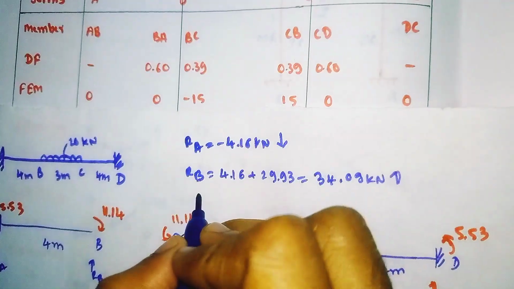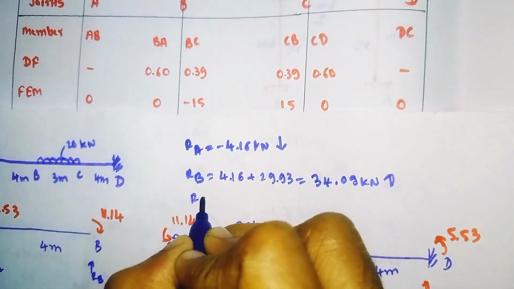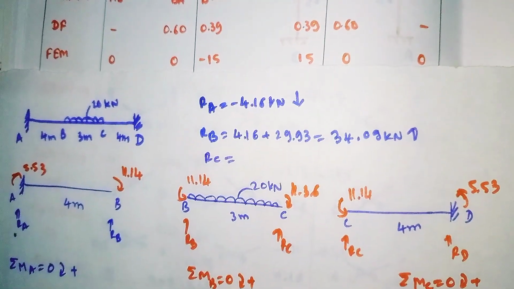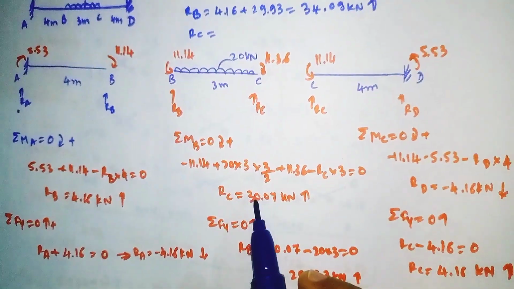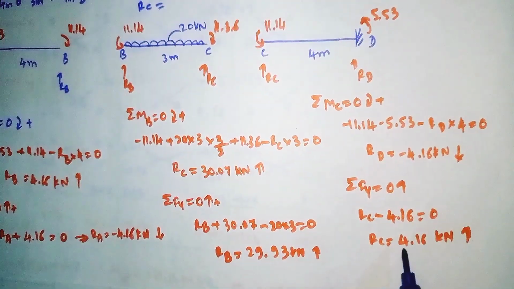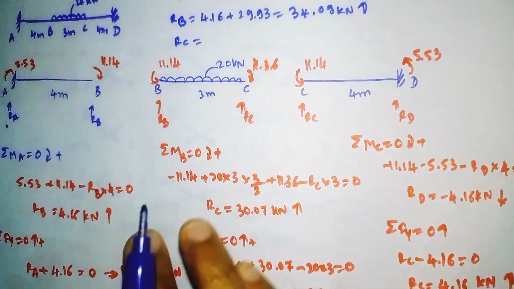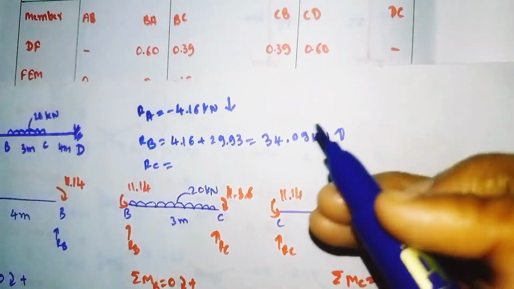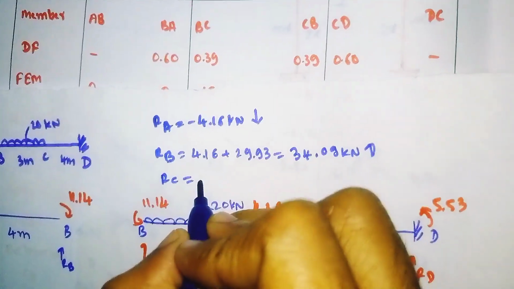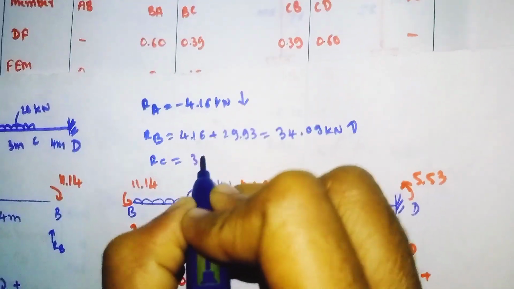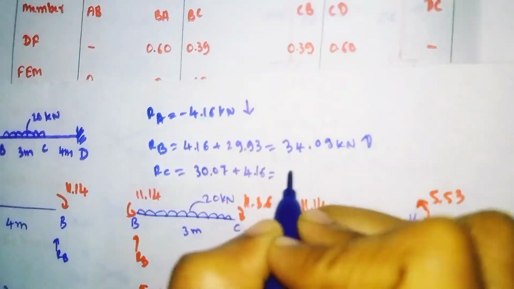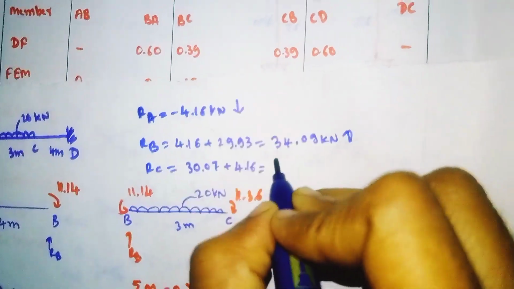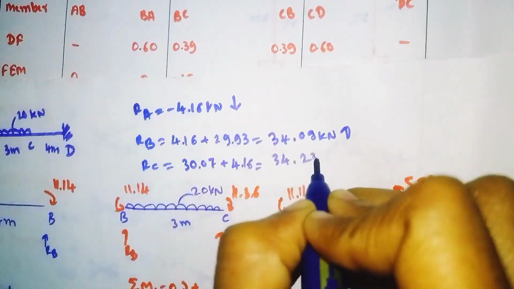Similarly, we calculate RC. See here our RC value is 30.07 and here also 4.16. Add these two to get the final RC value. So RC is equal to 30.07 plus 4.16. If you do, it will come out as 34.23 kilonewton.